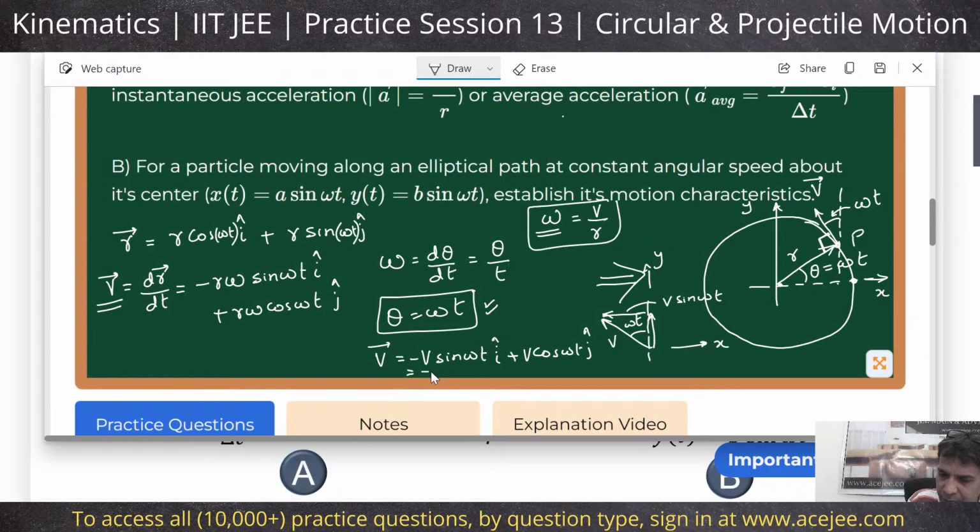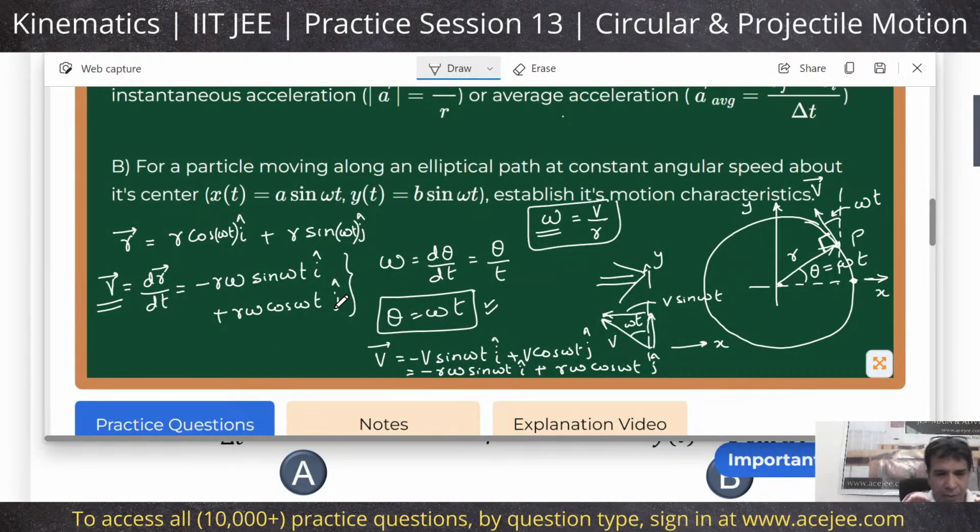So I can write this as minus r omega sine omega t i cap plus r omega cos omega t j cap. Which is the same thing as what I wrote here, no? Is that clear? Yes, sir. Okay, good. So everybody clear?